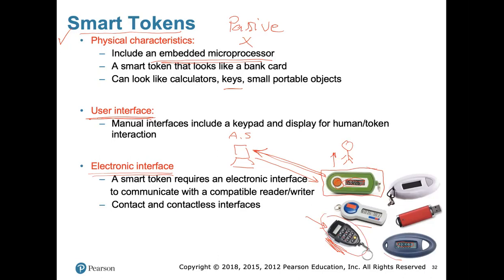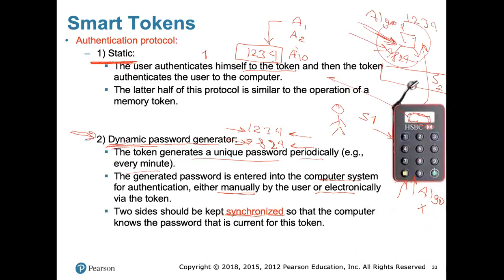So if you are using a token like this, it's very important to keep the battery protected. If you accidentally remove the battery for even a second, it doesn't matter how long, the internal timer resets, and now your token is out of synchronization with the server and you cannot use it anymore.